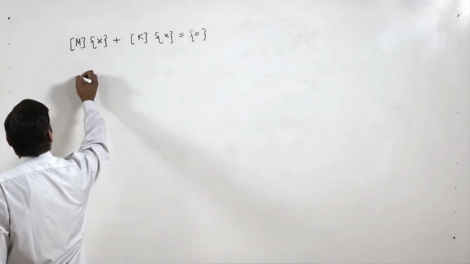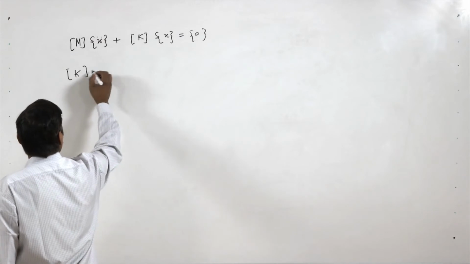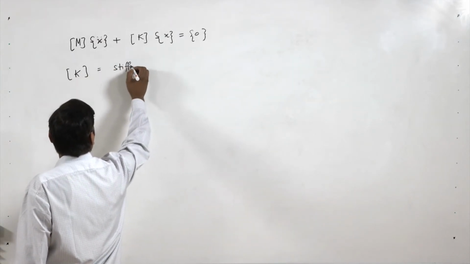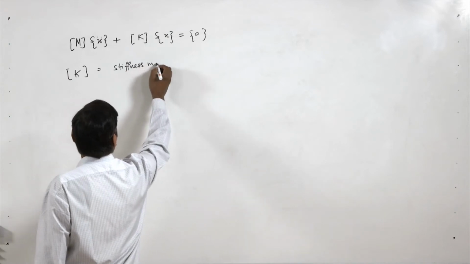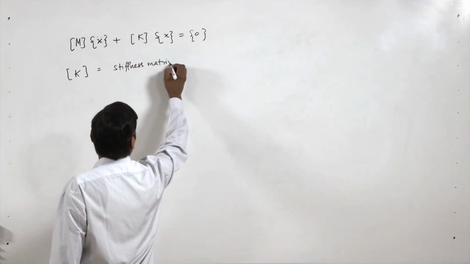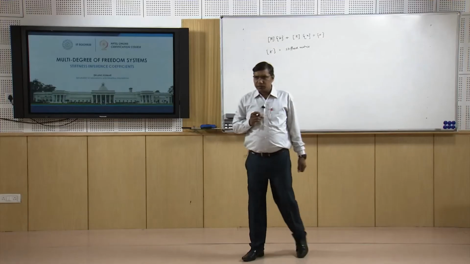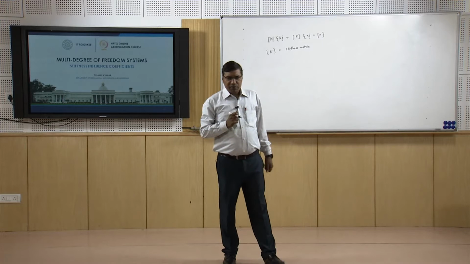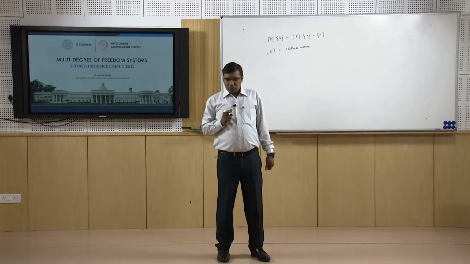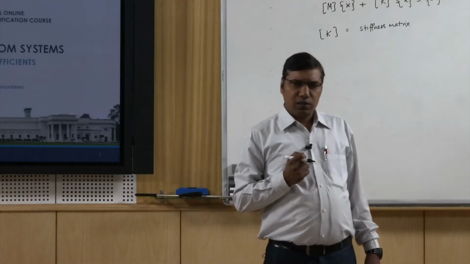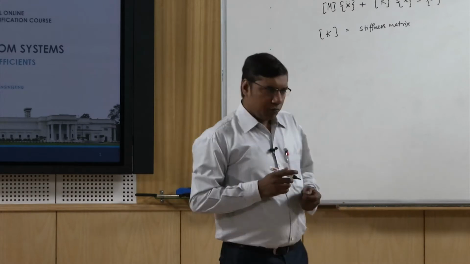So here K is the stiffness matrix and M is the mass matrix. K is the stiffness matrix, and the elements of the stiffness matrix are called the stiffness influence coefficients.